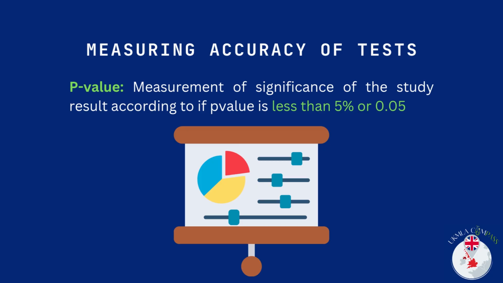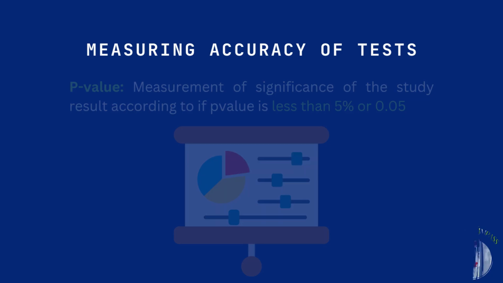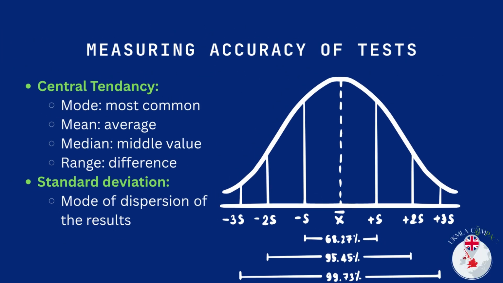Next, we have something that we call the central tendency and the standard deviation. Let's say, for example, we have been conducting a study. There is usually a certain range when plotting the results of this study where most of the results lie. This range that most of the results lie in is called central tendency.